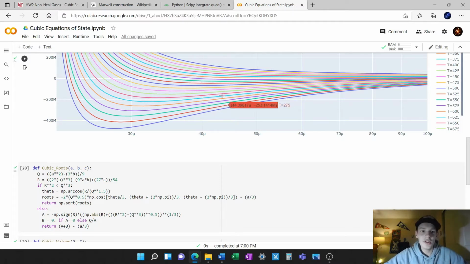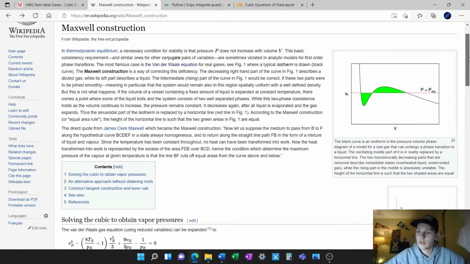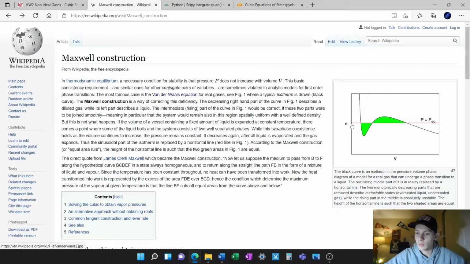James Clerk Maxwell made an extremely important discovery with this when he proposed that this vapor pressure that we have has to be such that the area below and above the horizontal line, this vapor pressure that we choose, has to be equal.